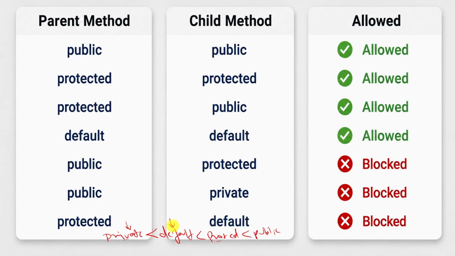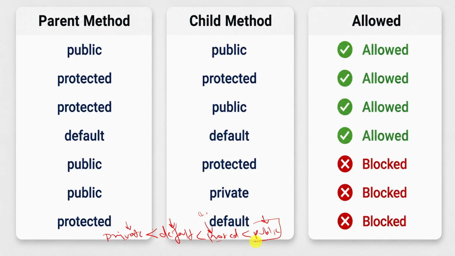The rule for default is that those members can be accessed within the same package. Protected members can be accessed within the subclass or child class. And public members, whether data member, property, or behavior, can be accessed anywhere.